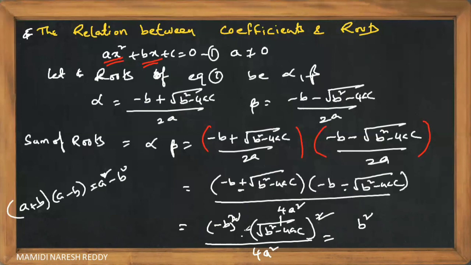We need to distribute it to each and every term within the bracket. If there is plus, nothing will happen, children. Directly you can write as is. But whenever there is minus in front of the bracket, just multiply each and every term within the bracket with the minus symbol. Got it, children?